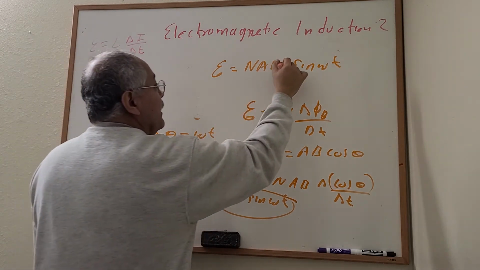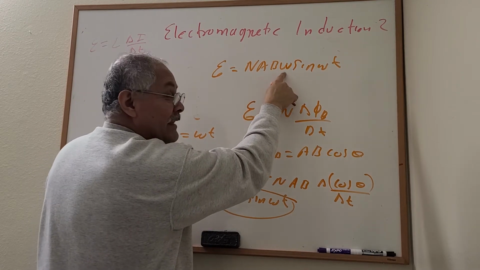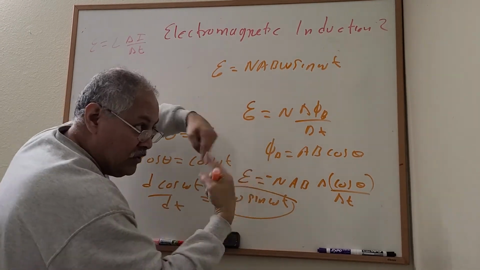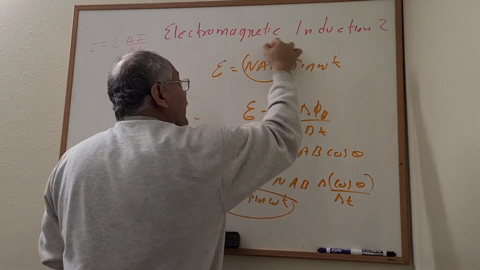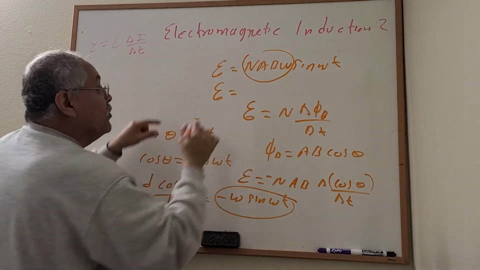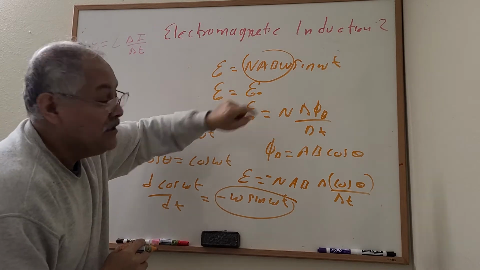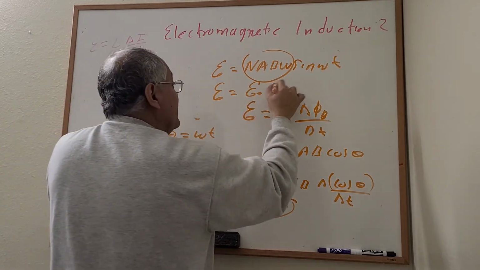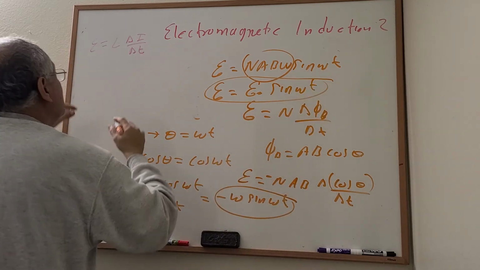Because this B is constant, and this angular velocity is also constant, this factor is also a constant. So we can represent this in general: the electromotive force equals some constant, epsilon naught, times sine omega t. So that's the final equation that we can use right here.